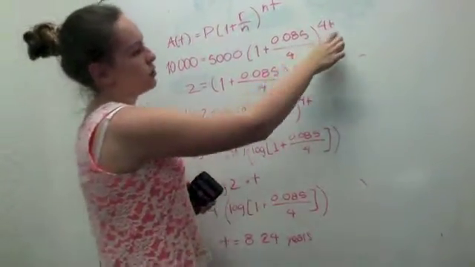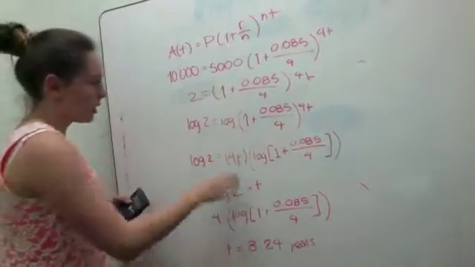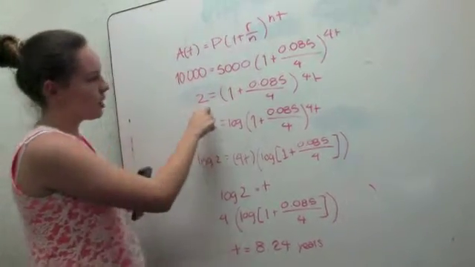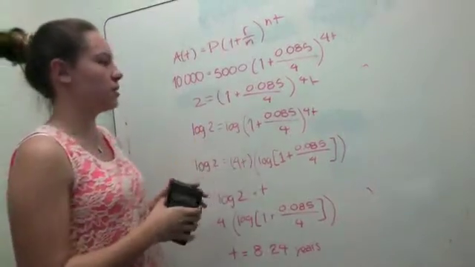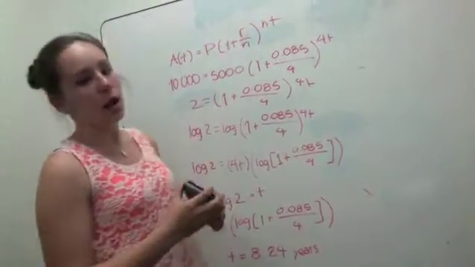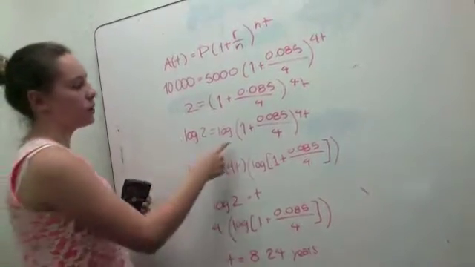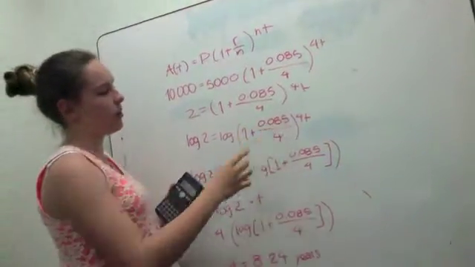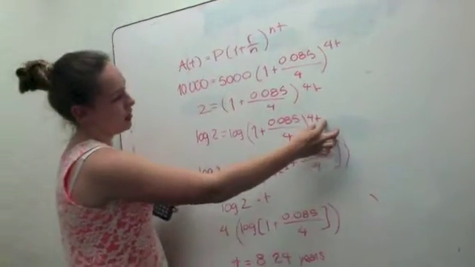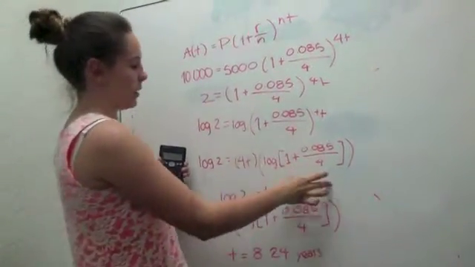We need to get the t value. So we divide 10,000 by 5,000, which is 2, equal to (1 plus 0.085 over 4) to the 4t. Here we need to use a logarithm rule, so we put log of 2 equal to log of (1 plus 0.085 over 4) to the 4t. We need to pass the exponent as a coefficient and multiply it.